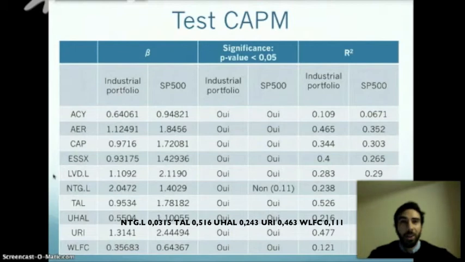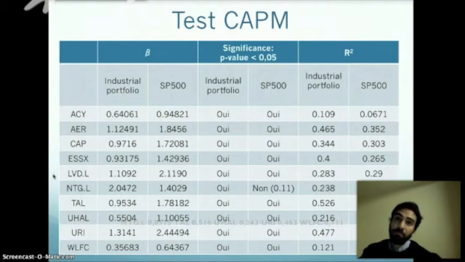While in the SP500, it fluctuates between 0.03 and 0.516. The range is bigger and some of the R squares are too small. So in conclusion, we can say that the CAPM test holds with the industrial portfolio.